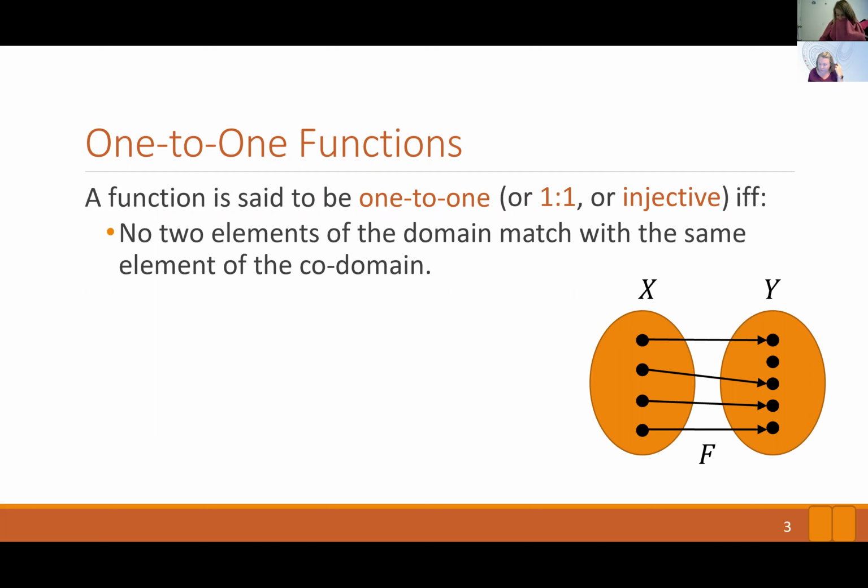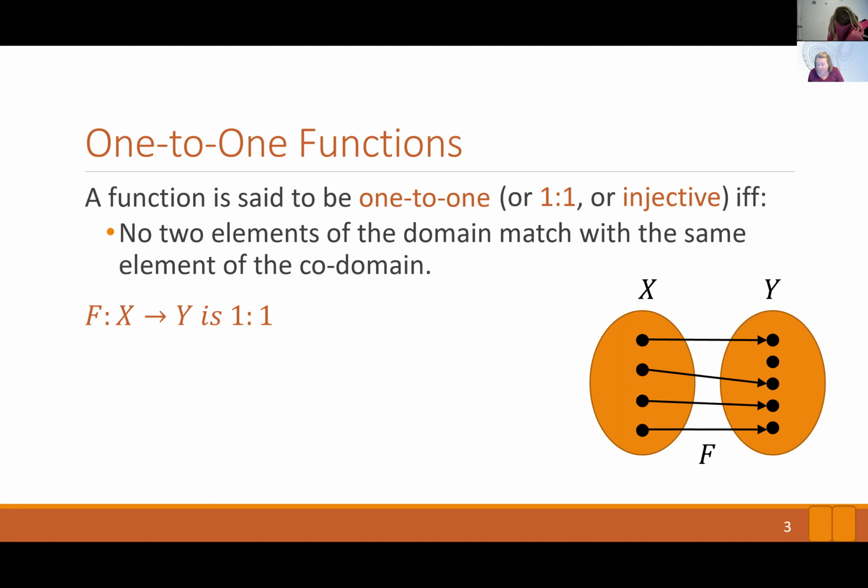On the left, we have a domain X with 4 elements, and we have a codomain Y, and we can see that each of the elements in X is matched with an element of Y. And as we look at the elements of Y, we notice that no element of Y is matched with more than one element in X.